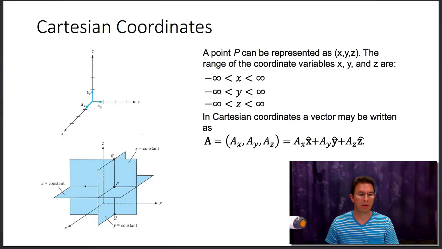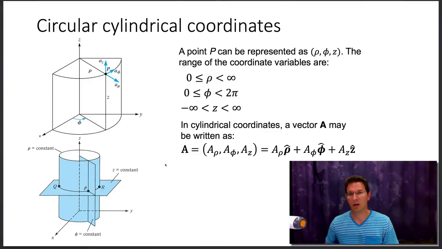If you look at the surface z equals some constant, it's parallel to the xy plane, and so on. For the surface y equals some constant, it's parallel to the xz plane. Again, it's useful to be able to visualize these constant coordinate surfaces in each of the three coordinate systems that we'll study.